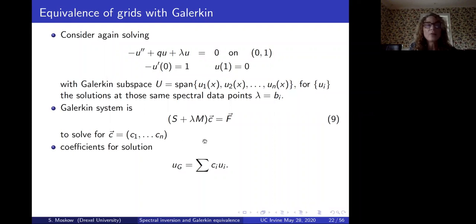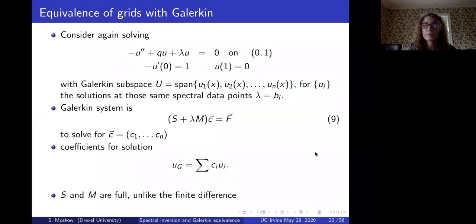And then if you knew Q, you could then reconstruct the Galerkin solution by summing up C sub i times the exact solutions. Since S and M are full, unlike in the finite difference method.